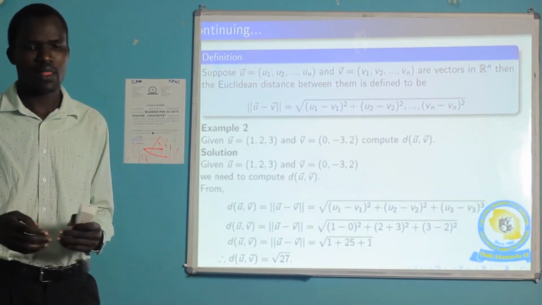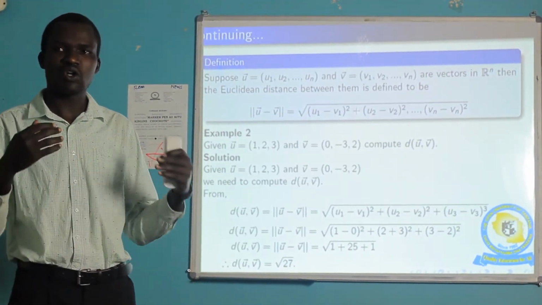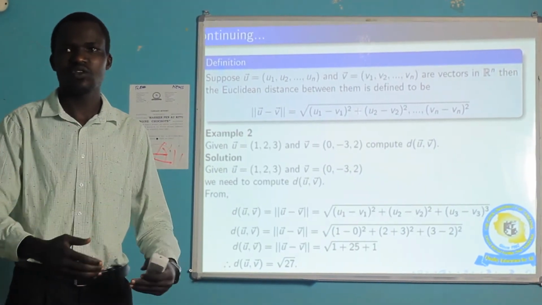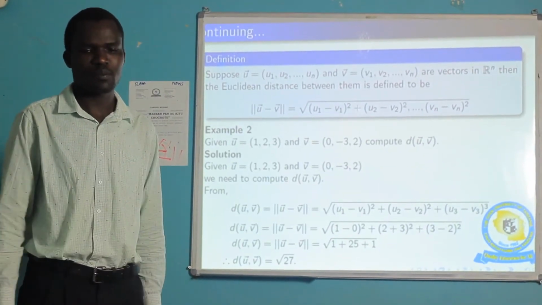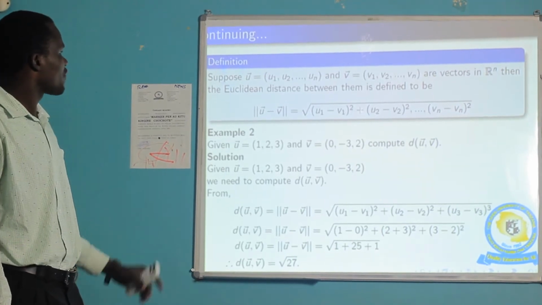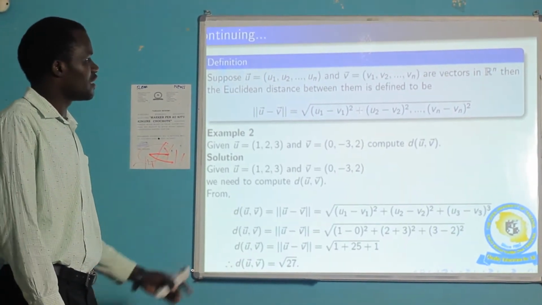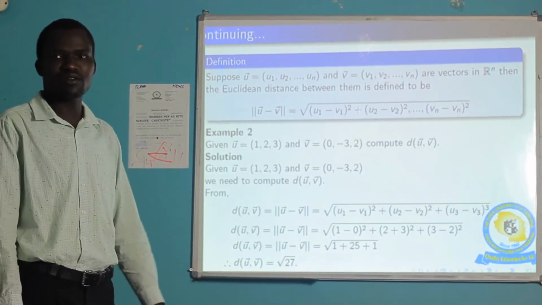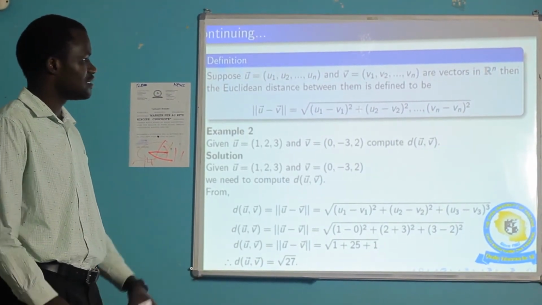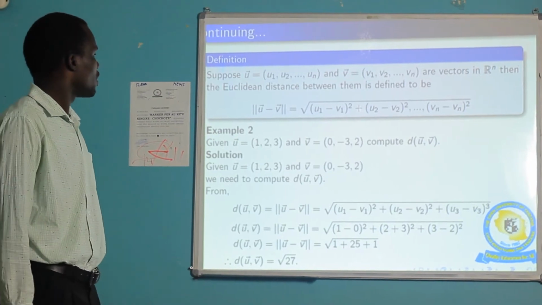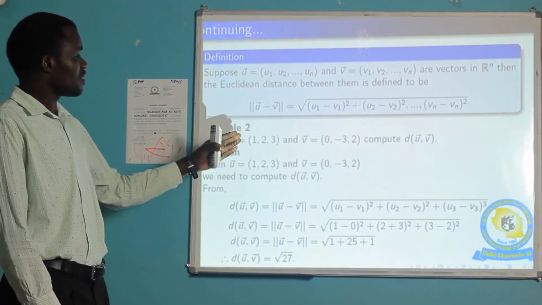Dear student, we just find the norm of the difference between the vectors. Suppose we have given vector u and vector v, and these are n-dimensional vectors. Just generalizing. So this is the formula.